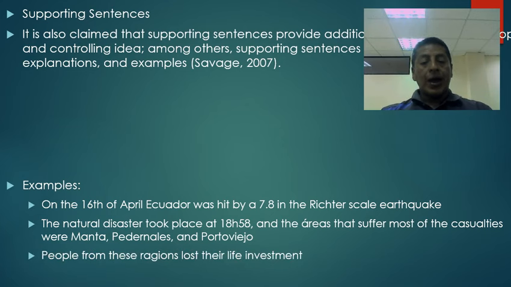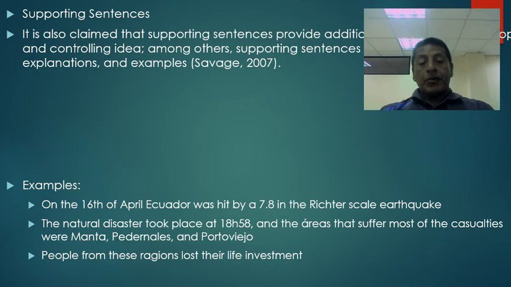The next one, people from these regions lost their life investment. Okay, what is it? It can be also an explanation or it can be considered a fact because it is what really happened. People from those regions lost their life investment, or let's say their material belongings.